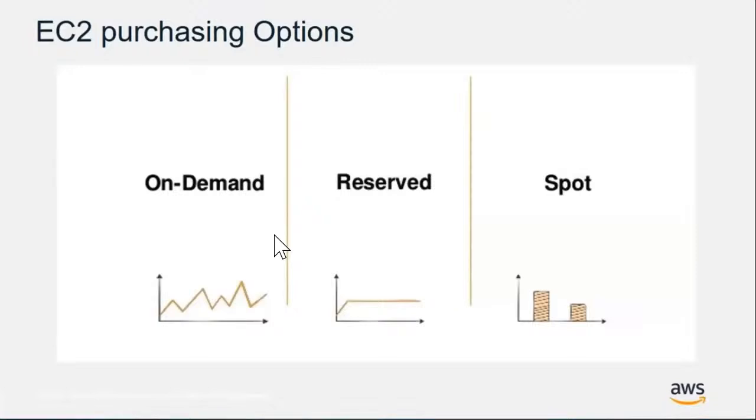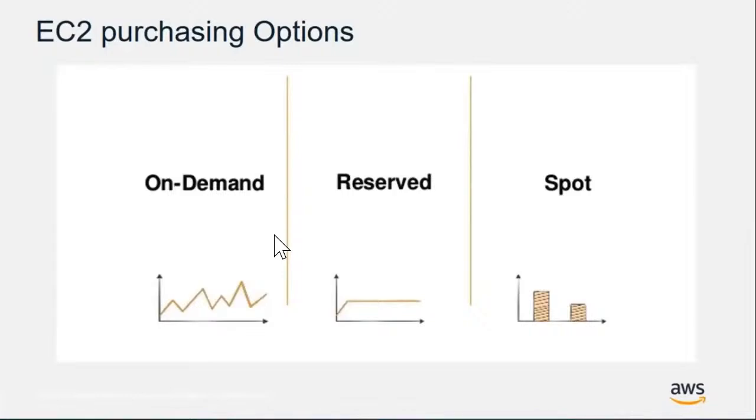You pay by the hour for the number of hours that you run your machine, and there is a fixed price, and all of this is available on the AWS website. You will be billed by the size of the machine and the number of hours you run it.